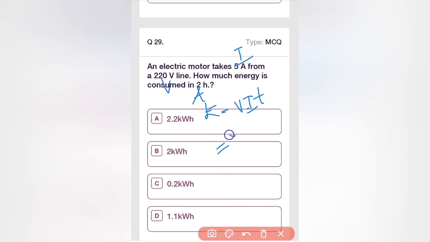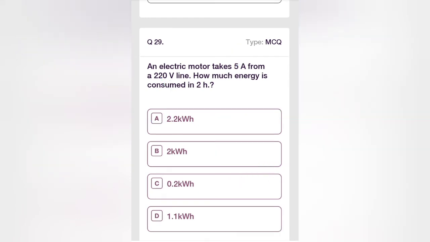So this is equal to 220 into 5 into 2. So we will be getting 2.2 kilowatt hour. So option A is the correct answer.